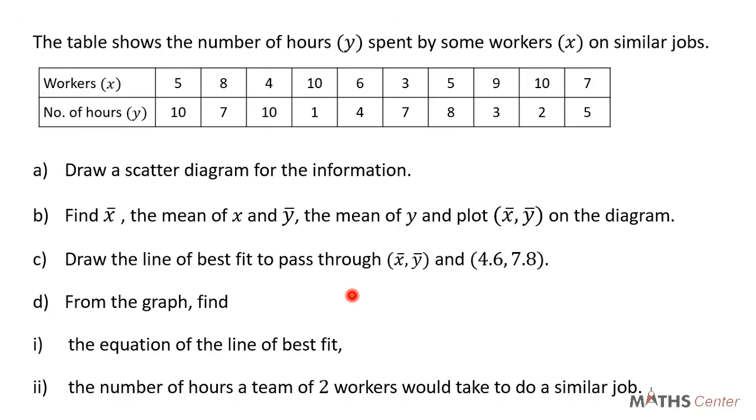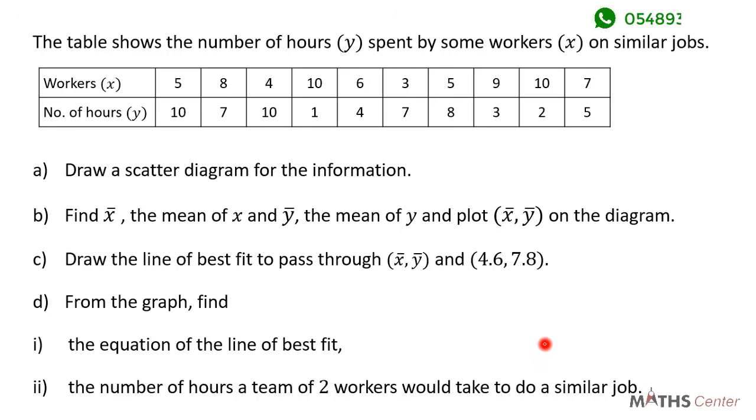So you draw the line to pass through those 2 points. The next part of the question says, from the graph, find I, the equation of the line of best fit, and II, the number of hours a team of 2 workers would take to do a similar job.